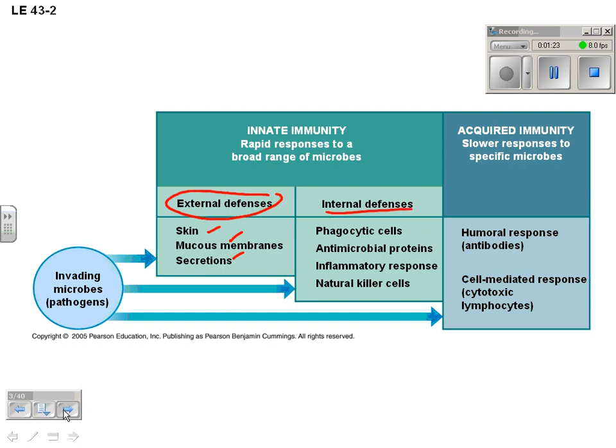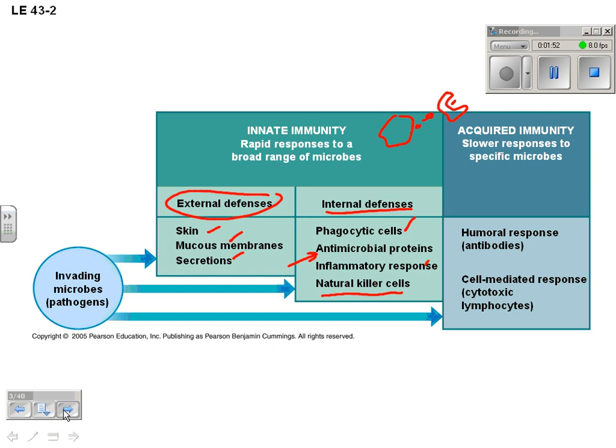You have internal defenses such as phagocytic cells, which are white blood cells, which can eat a particle with endocytosis. We've talked about that before. You have something called the inflammatory response, which we'll come back to. You have cells called natural killer cells, which wander around the body looking for foreign particles and kill them. You have proteins that have antimicrobial properties. All those are present from birth.